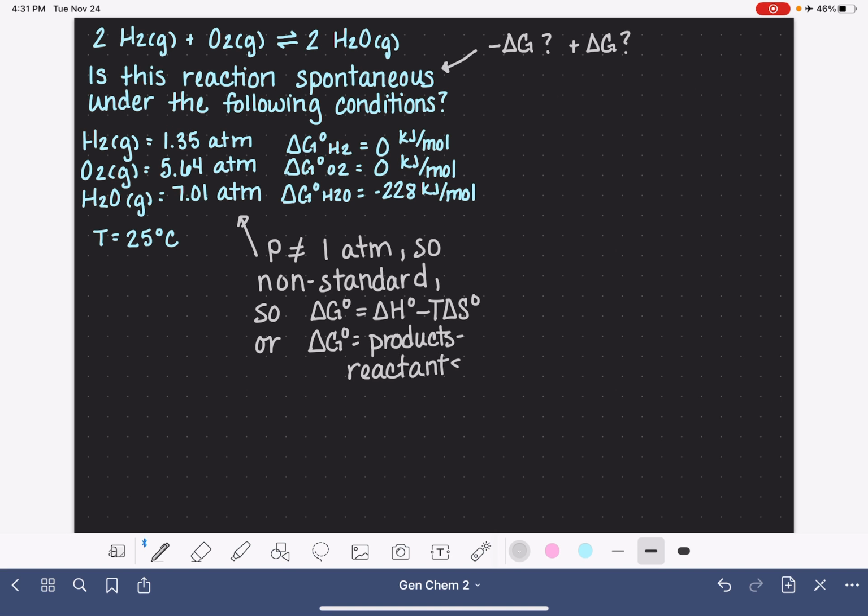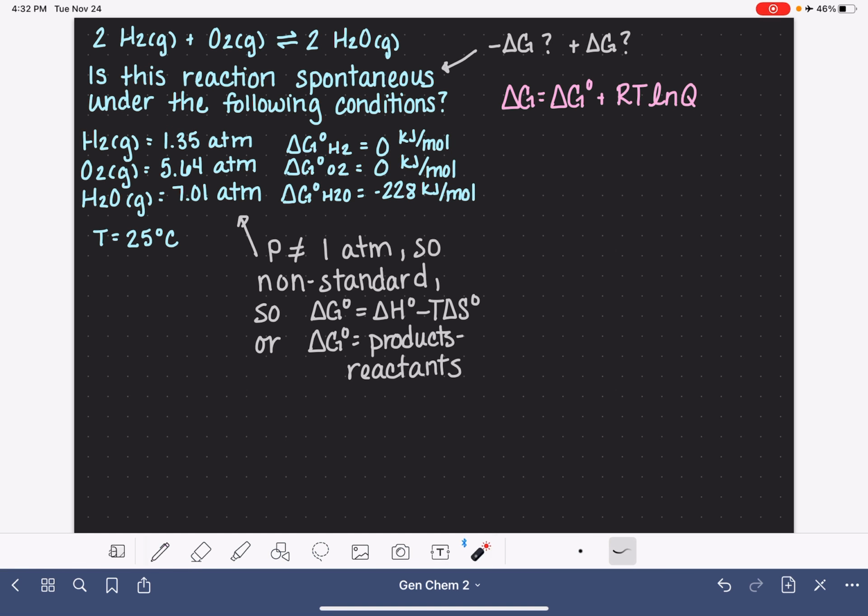Those will absolutely calculate the standard delta G, but they will not calculate the actual delta G for this non-standard reaction. So in this situation, we are going to have to use this equation, delta G non-standard equals delta G standard plus RT natural log of Q.